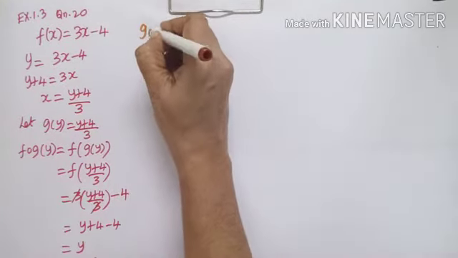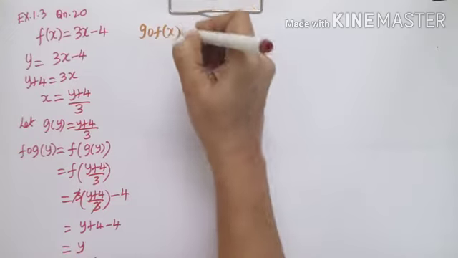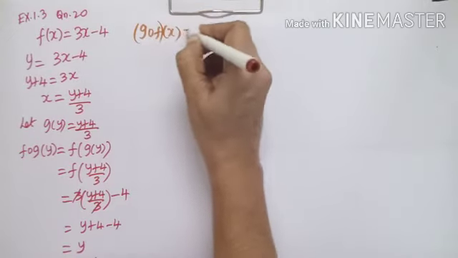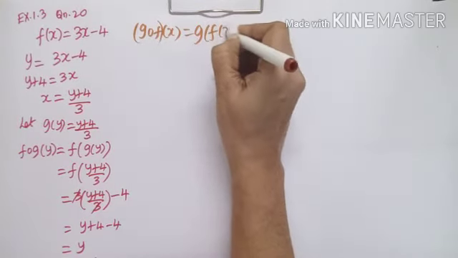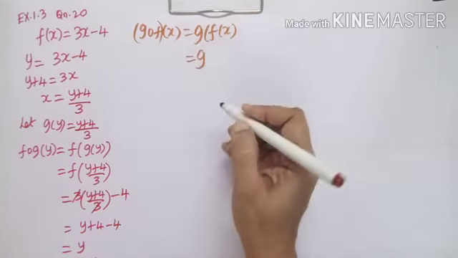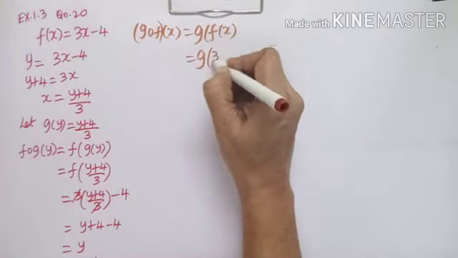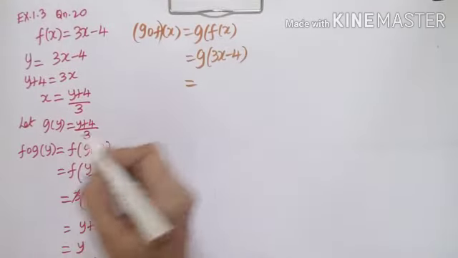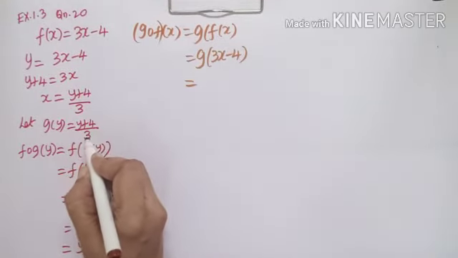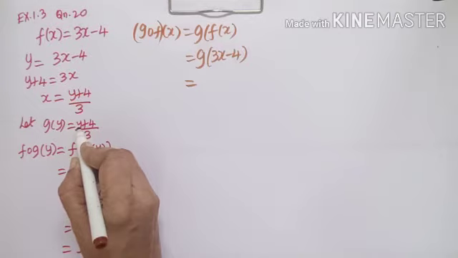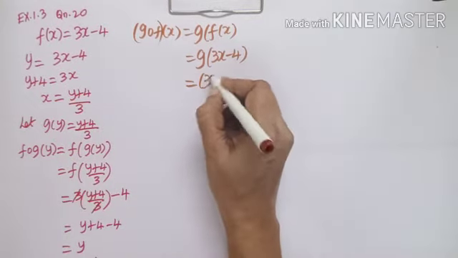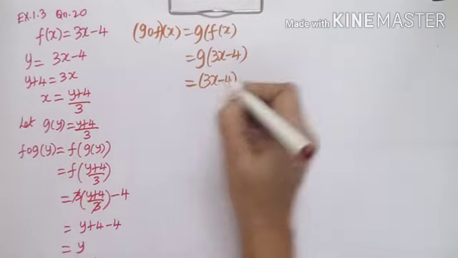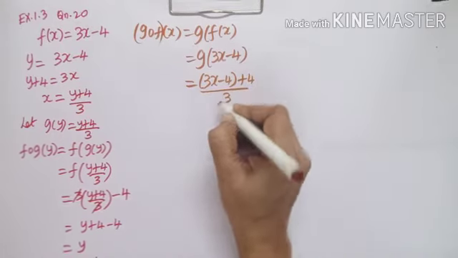The next step, find out g of f of x. What is f of x? 3x minus 4. What is g actually? (y plus 4) by 3. Instead of y, put 3x minus 4, plus 4, by 3.